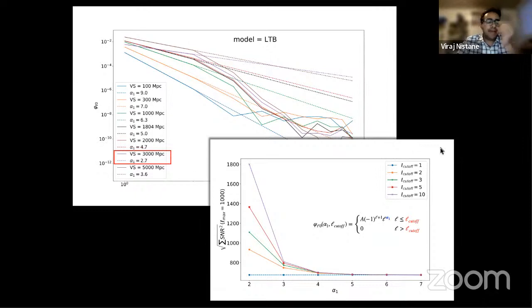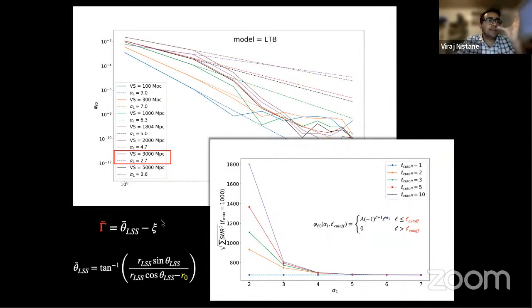Then why is the slope for this void size so abnormally low? This is because of the gamma tilde function, which is dependent on theta LSS tilde, and this in turn depends on the observer position. As we increase the void size, we also increase the observer position, because as I mentioned, we are keeping the ratio of observer position to void size fixed.